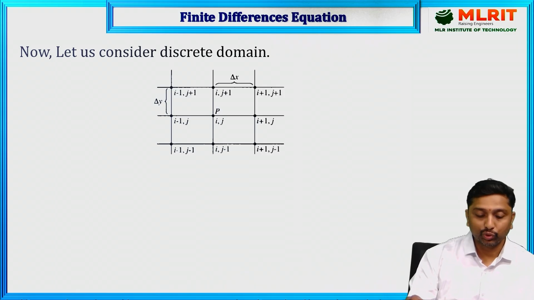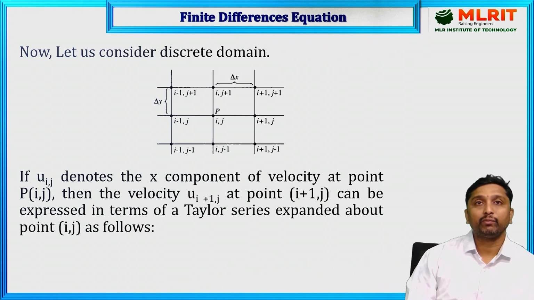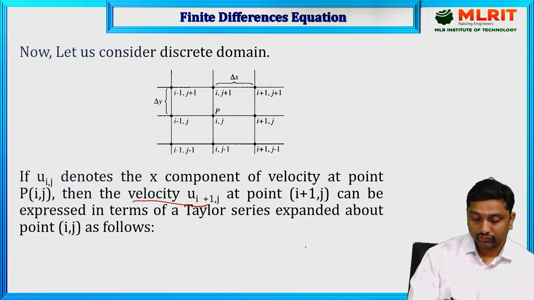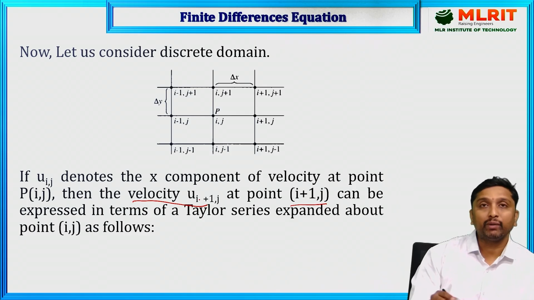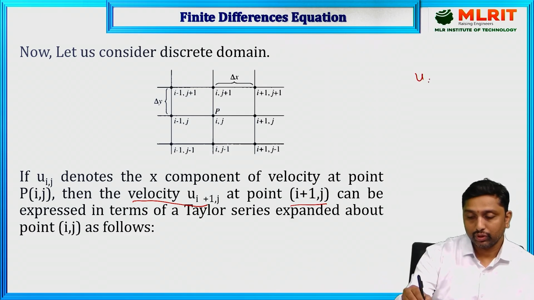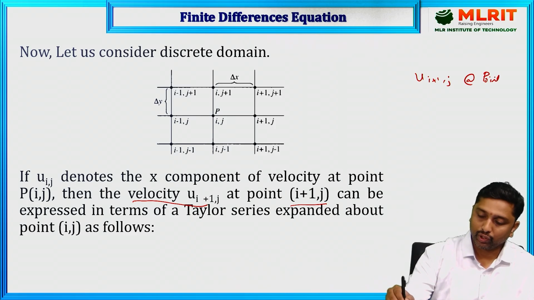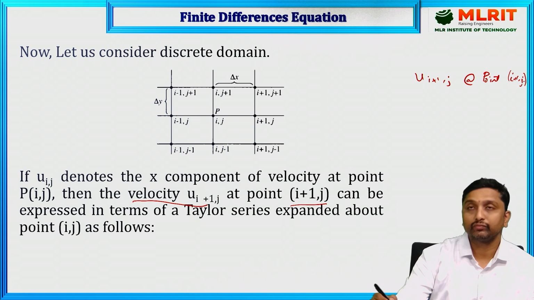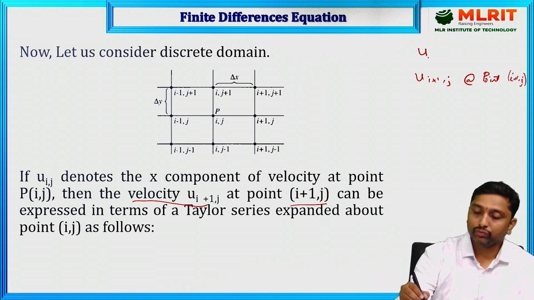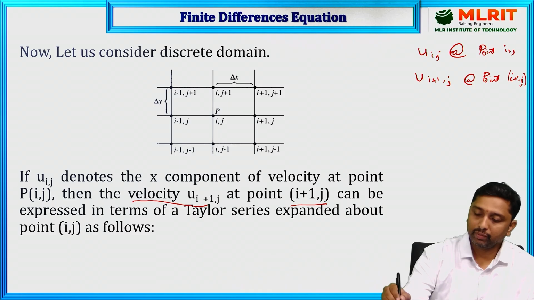Now if I consider u to be a velocity component at point I comma j, and I want to calculate the velocity at I plus 1 comma j, I represent that with u I plus 1 comma j, whereas u I comma j is the velocity at point I comma j.